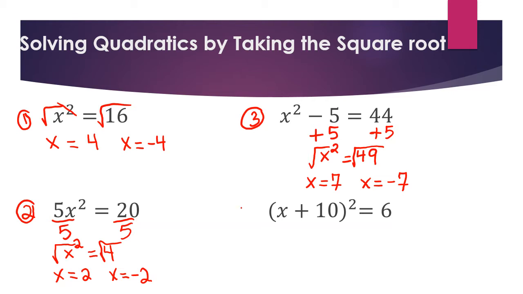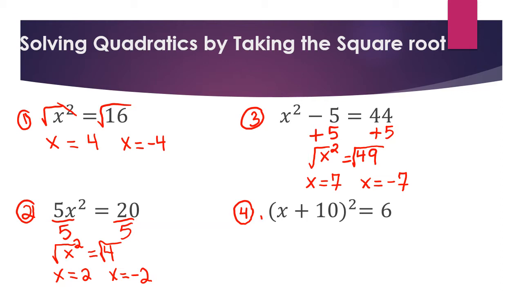Now, in the fourth problem, we have a different scenario. We have the square with numbers and x in the parentheses. So the first thing I need to do to be able to get rid of these parentheses is to get rid of the square.